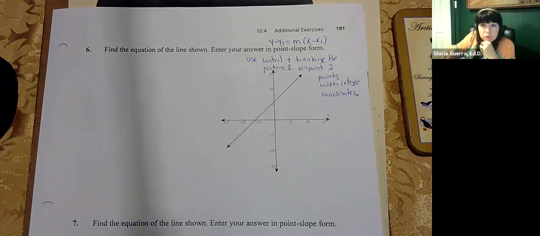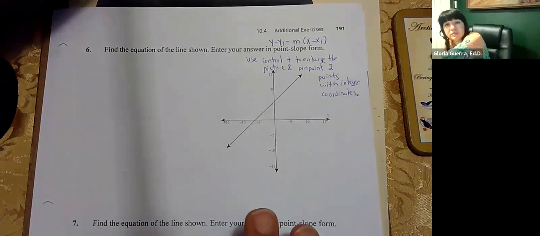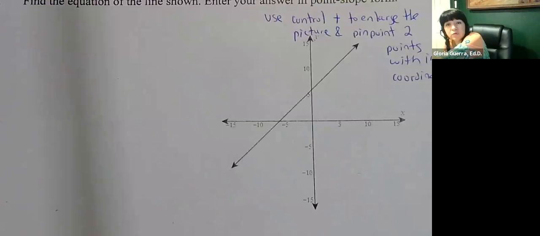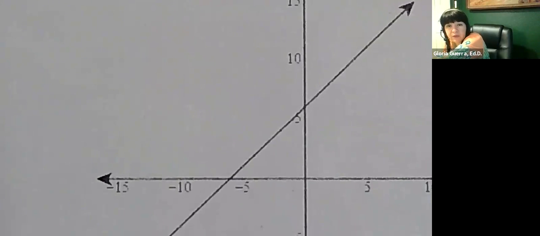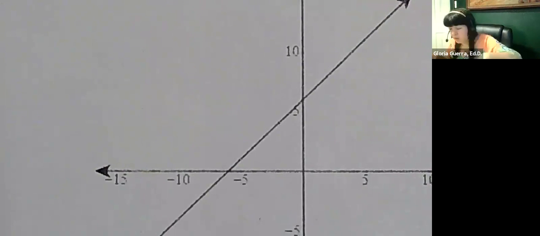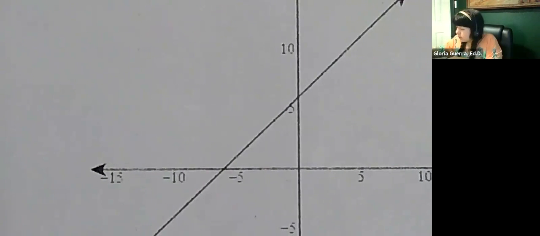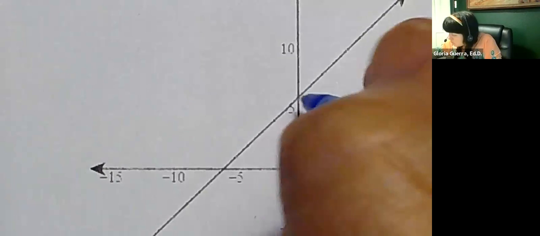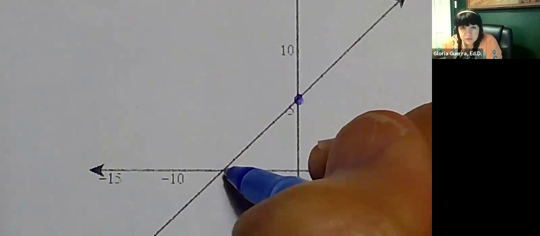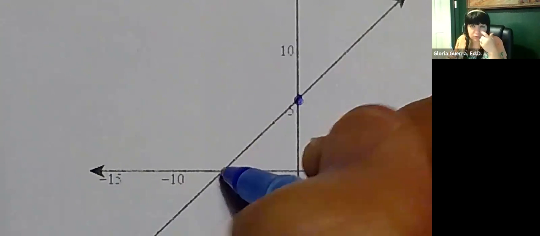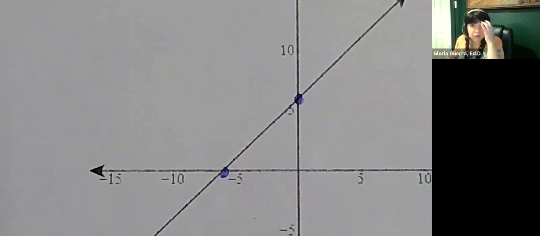Okay, so the idea is, you would do Control plus, Control plus, Control plus to enlarge your graph and pinpoint 2 good points, where you can see them intersecting. This happens to be at the intercept. So these are easy to identify only because they're at the intercepts.